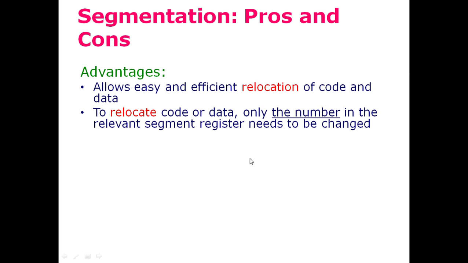To relocate code or data within the memory, only the number in the relevant segment register needs to be changed, as the addresses inside any segment are relative to the starting address of the segment. So only the segment starting address is to be modified, but not the offset addresses within the segment. So data or code can be located anywhere in the memory, and it will not affect the functionality.